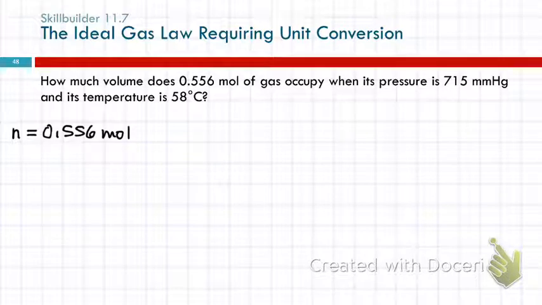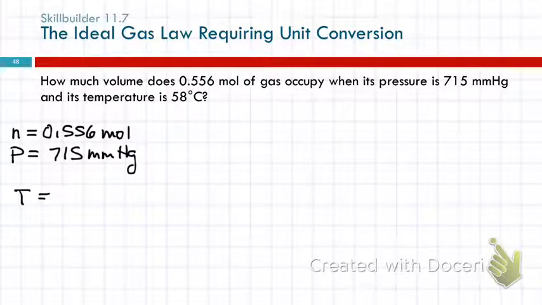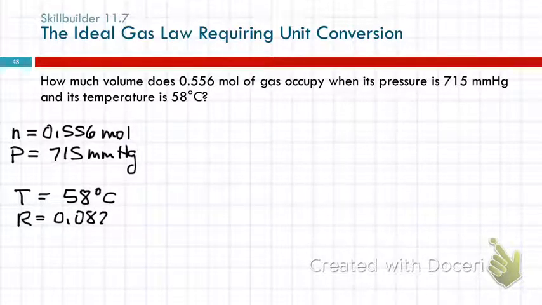And pressure is 715 millimeters of mercury. That's the pressure. And the temperature is 58 degrees Celsius. And R is our old friend, 0.0821 liters times atmospheres divided by moles times Kelvin.